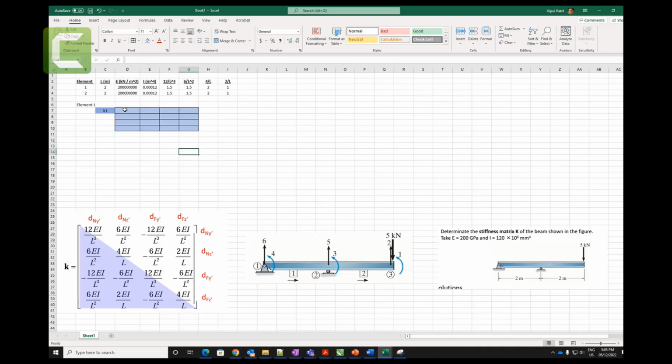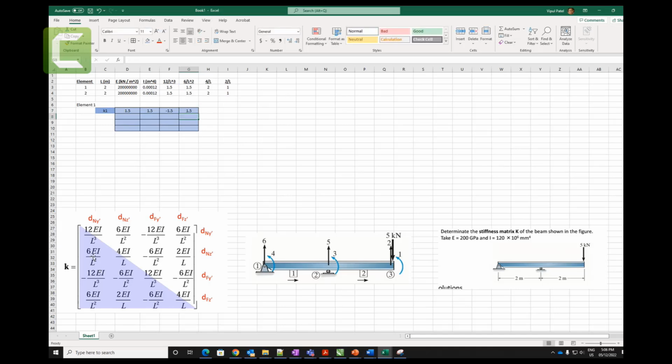So first thing first, 12 on L cube. I just put EI outside, equal to 12 on L cube, this one. There you go, right? Let's put everything in the middle. Equal to 6 on L square, 6 on L square, and this is element number 1. So I'm picking all this from element number 1, 1.5. Minus, equal to minus 12 on L cubed, which is this one, 12 on L cubed, equal to 6 on L square, 6 on L square.